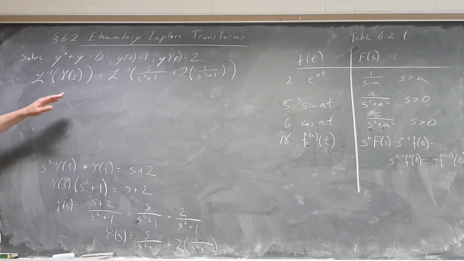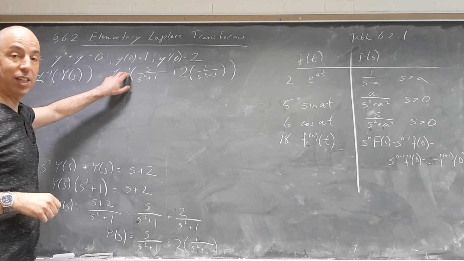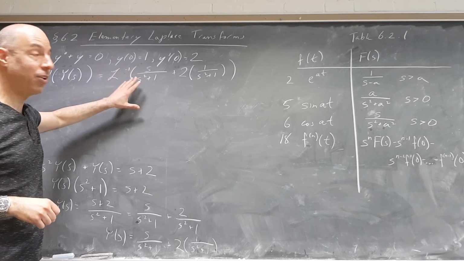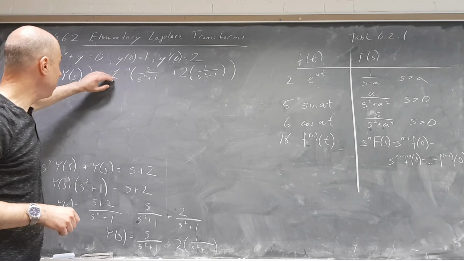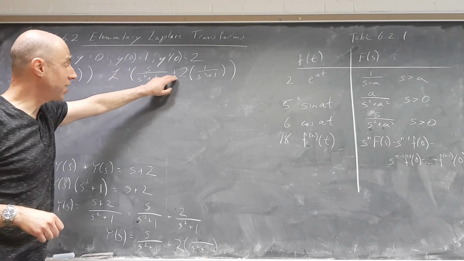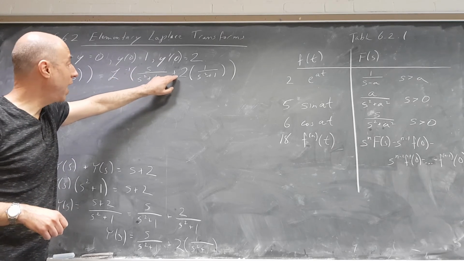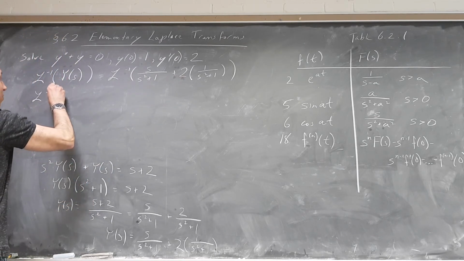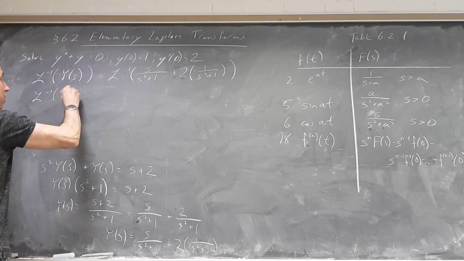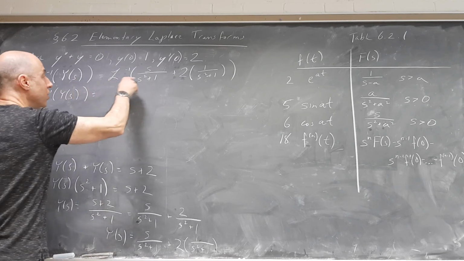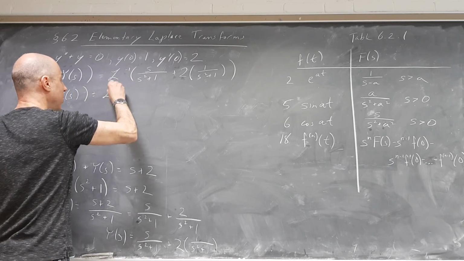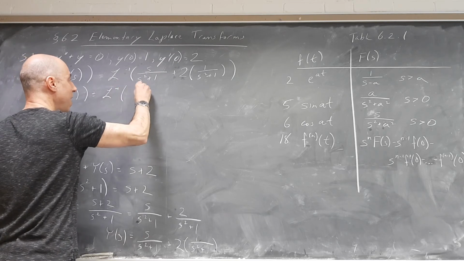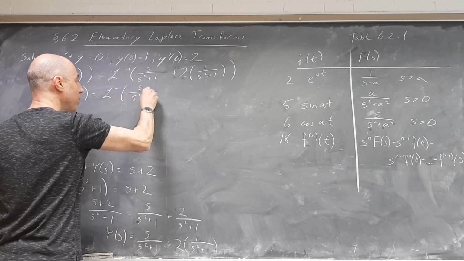Again, we're going to take advantage of the fact that the Laplace transform and its inverse are linear. So it breaks up over the plus sign, just like a derivative does. And we can pull constants out. So what we do is we take the inverse Laplace transform of s over s squared plus 1.